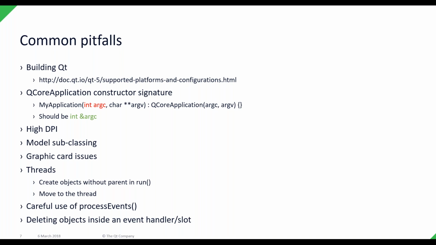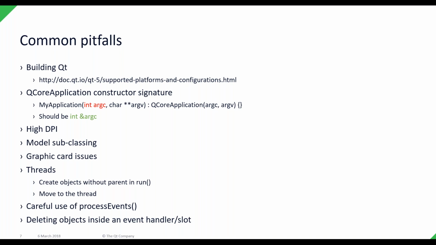The QCoreApplication constructor, you may have already spotted the mistake there. It has surprised me how many times this can actually go unnoticed, because it's such an easy mistake to make. The compiler will not complain, of course, when you accidentally use an integer for the application subclass as opposed to an integer reference.